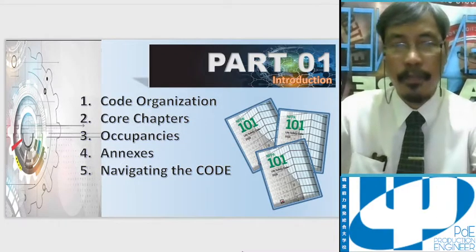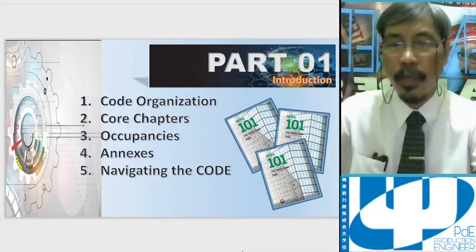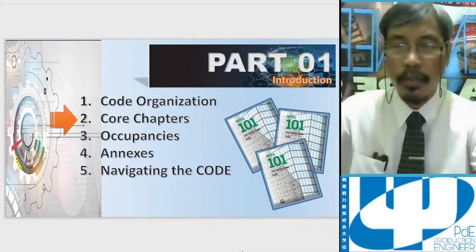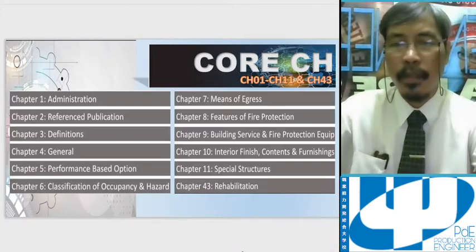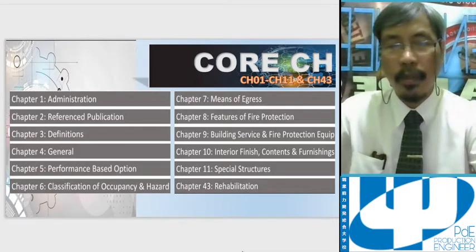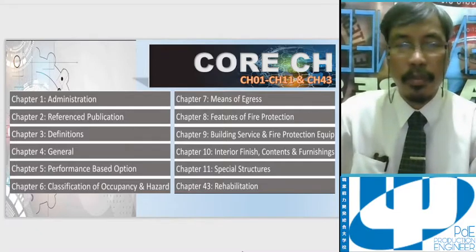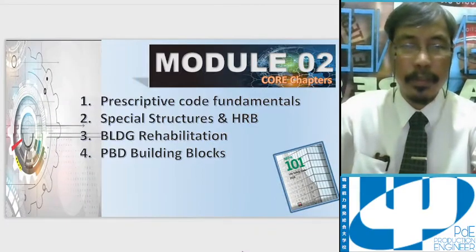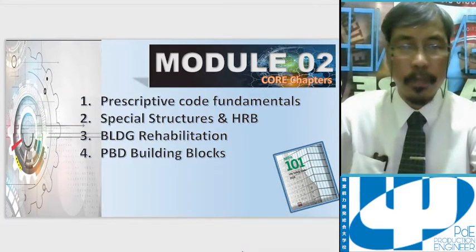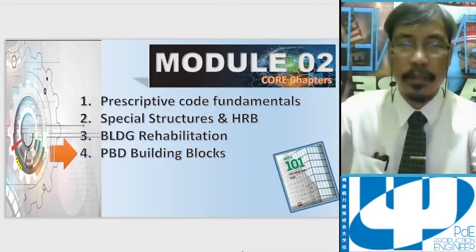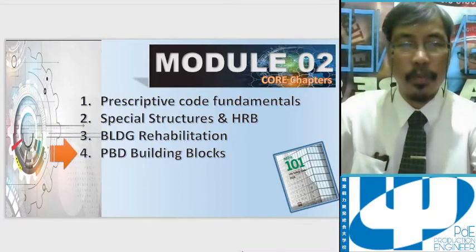We have part 1, and we are currently discussing Code Core Chapters. We are having on our monitors the listing of the core chapters. We are already through with several discussion. We are now on the fourth one, which is PBD building blocks. So this is module 2.4.